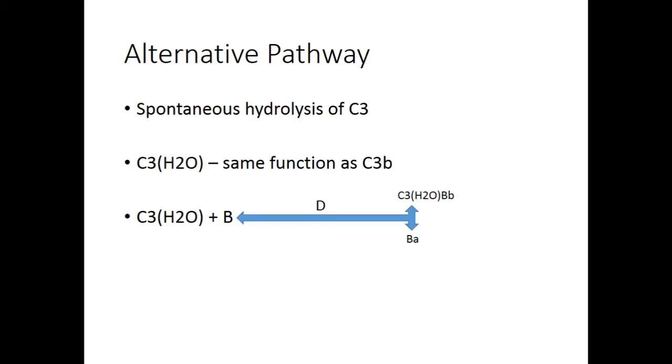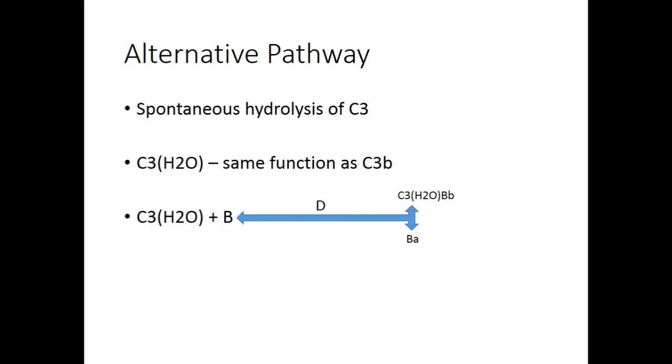So C3H2O or C3b, in the presence of D protease, combines with B, and the B will be fragmented into the smaller Ba and the larger Bb.